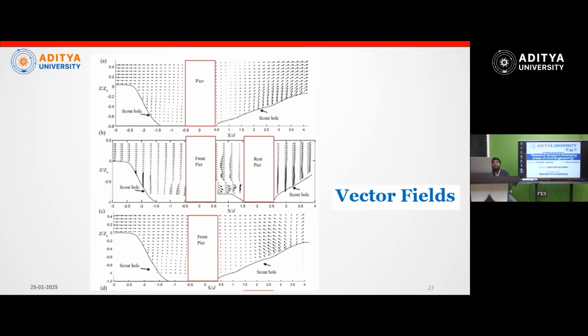So that is the understanding of the vector. The primary vortex in the isolated case, a recirculation zone in the tandem case, and a large primary vortex again in the staggered case. So these are the three different scientific observations worked out through the vector fields.